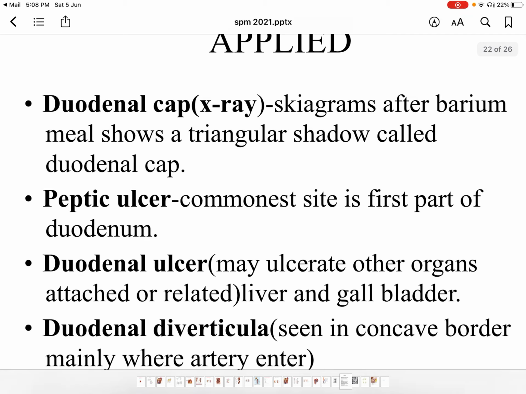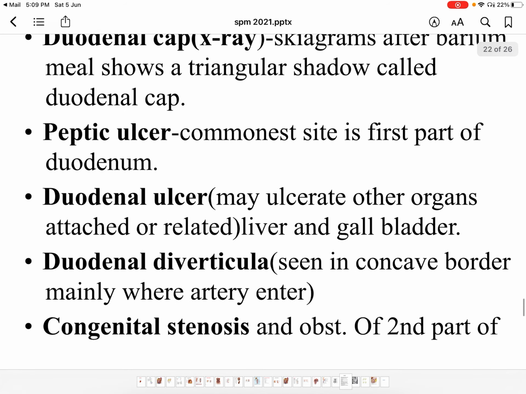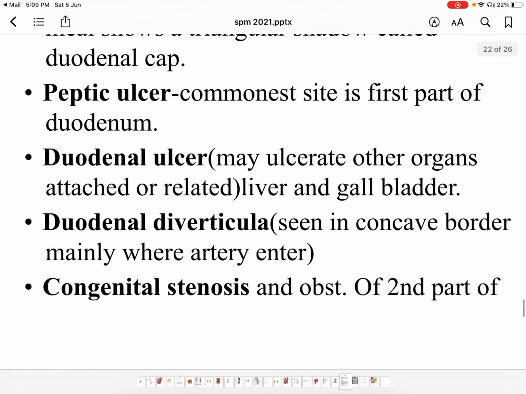On a barium meal X-ray, it shows a well-demarcated and less distinct apex called the duodenal cap. Next is its X-ray. When a duodenal ulcer is present in the first part, a small flake of barium is found filling the ulcer crater and the duodenal cap is said to be deformed. So this is the duodenal cap, peptic ulcer, duodenal ulcer.